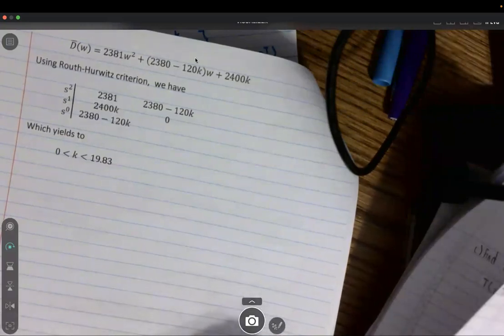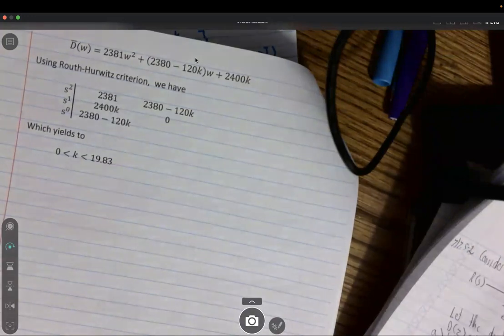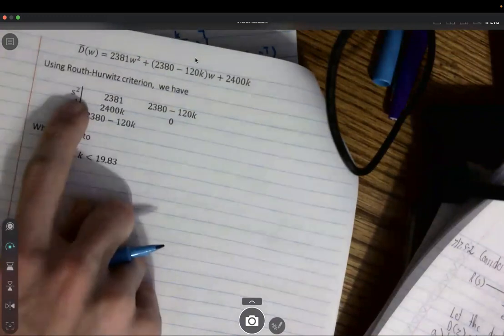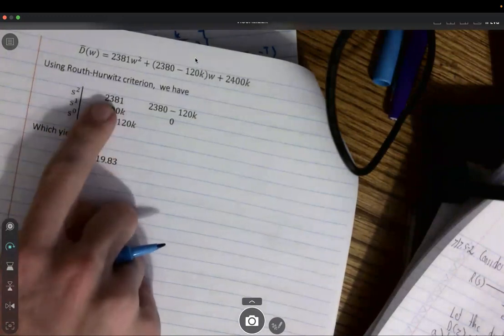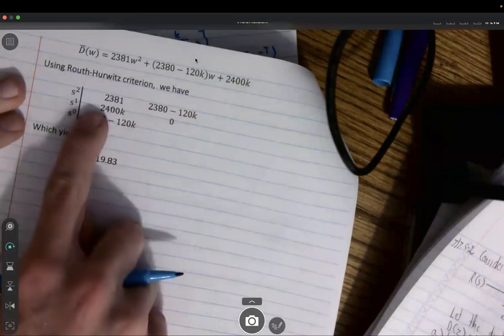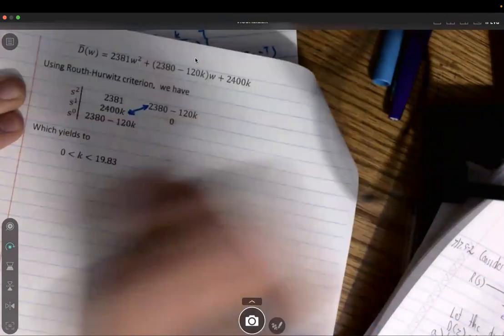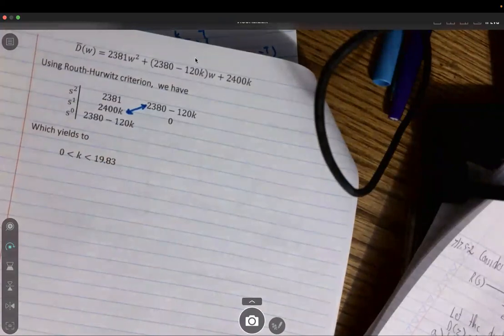Okay, yeah, in my homework one, I defined it in terms of W, and then it's W squared, then W0. So I think he made a mistake here, and this is W to the 1. These two should have been flip-flopped.